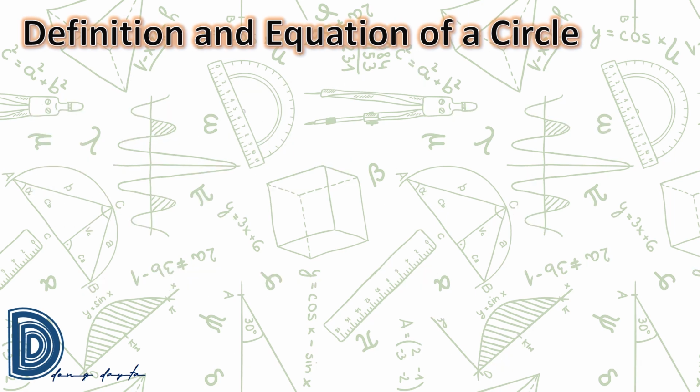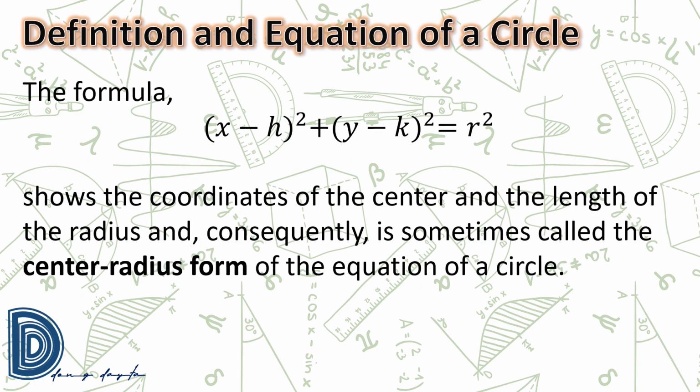The formula (x minus h) squared plus (y minus k) squared equals r squared shows the coordinates of the center and the length of the radius, and consequently is sometimes called the center-radius form of the equation of a circle. Conversely, the graph of an equation of the form (x minus h) squared plus (y minus k) squared equals r squared is a circle with center at (h, k) and radius equal to r.